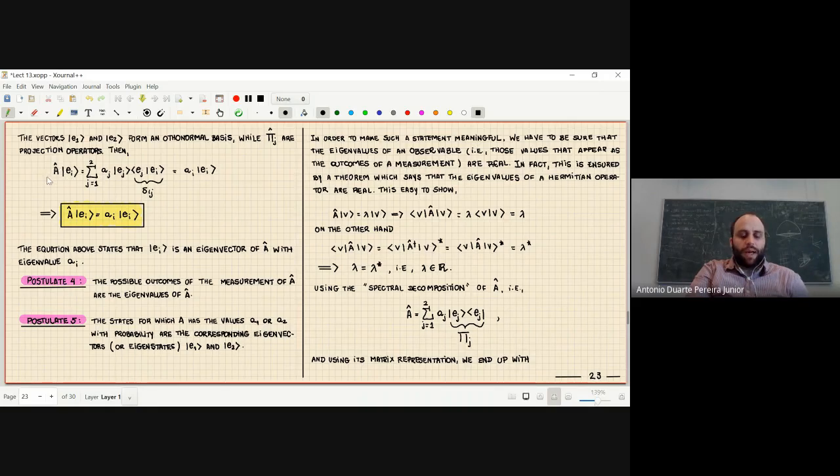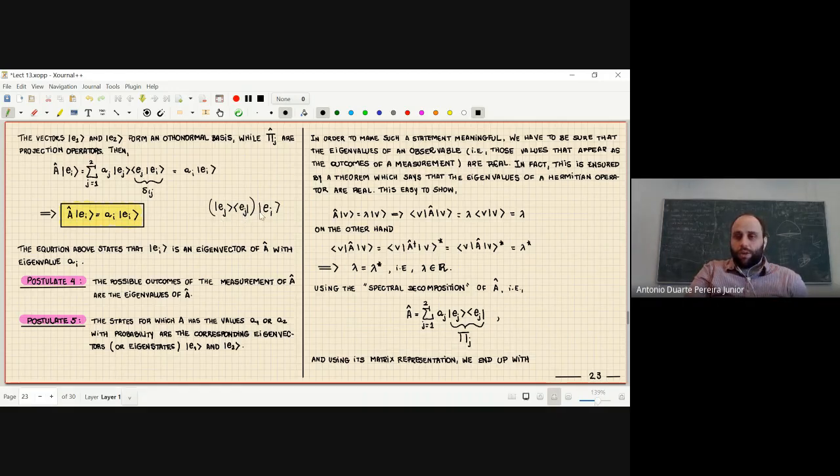But this matrix A hat, as we just saw, can be represented as the sum of A_J and the outer product E_J E_J. So you're going to have this structure here, acting on E_I.